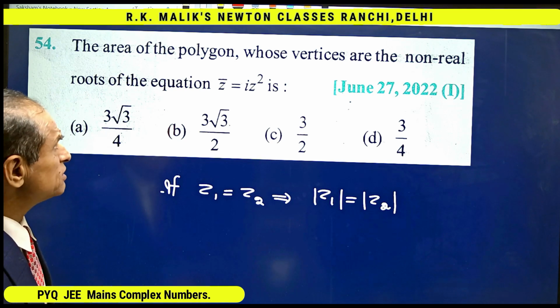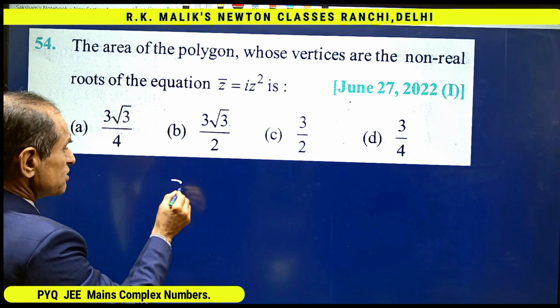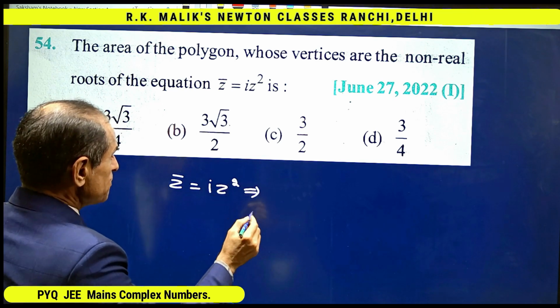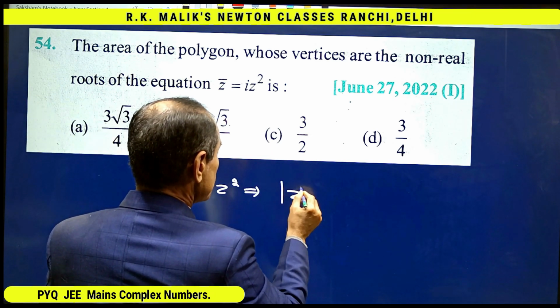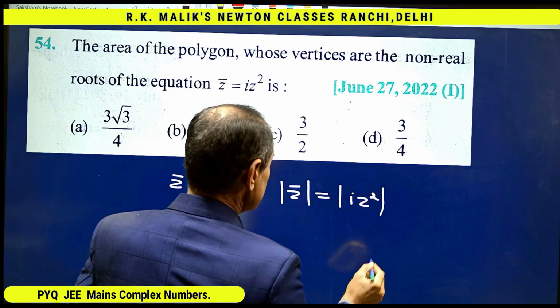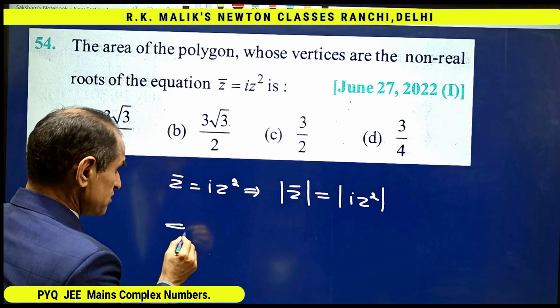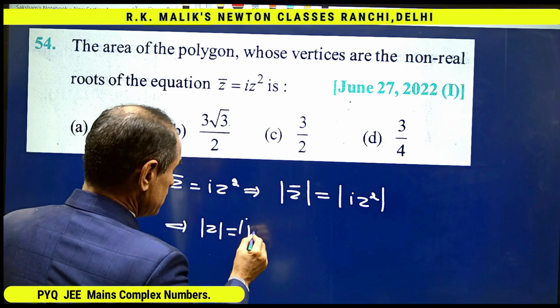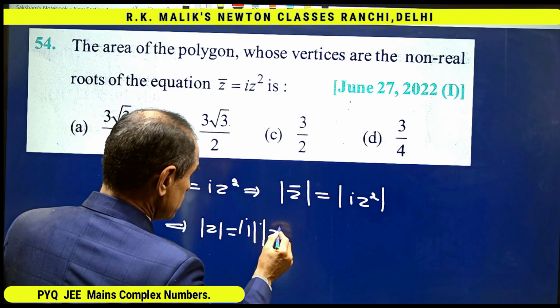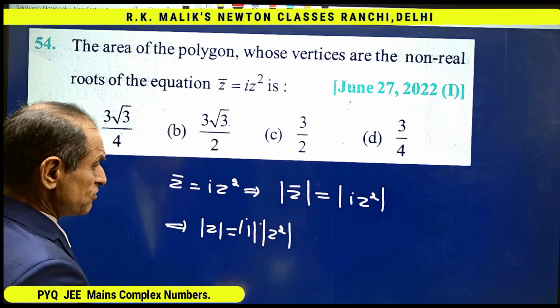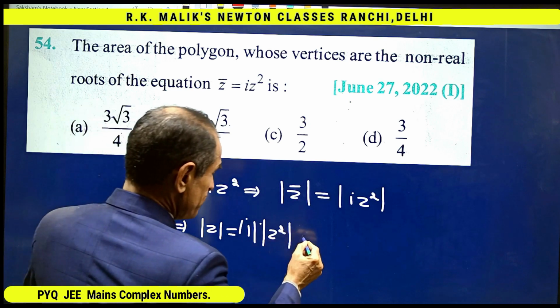Keeping this in mind, given z bar is equal to i z square, this implies that mod of z bar is equal to mod of i z square. That is, mod of z is equal to mod of i into mod of z square. Mod of i is 1.